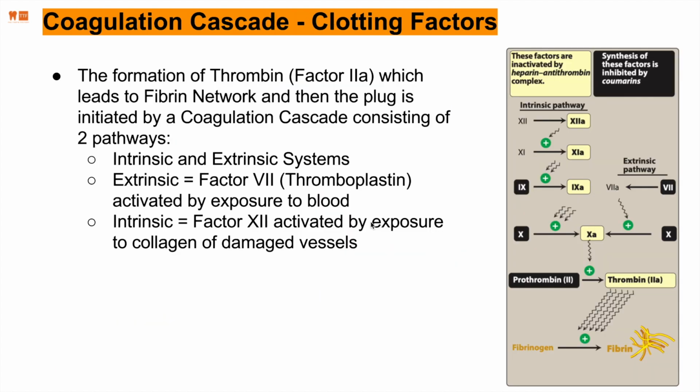Okay, that was platelets. Now let's talk about the coagulation cascade. Clotting factors. This could be an exam question, so let's listen up, you guys. The formation of thrombin, which is factor 2A, which leads to the fibrin network. Then the plug is initiated by the coagulation cascade, consisting of two pathways.